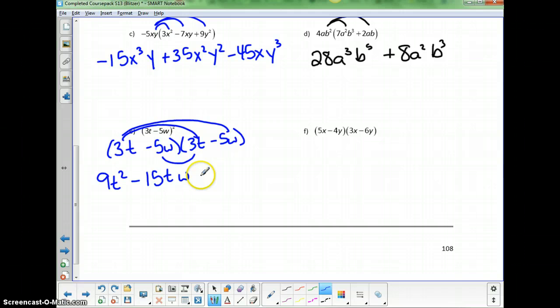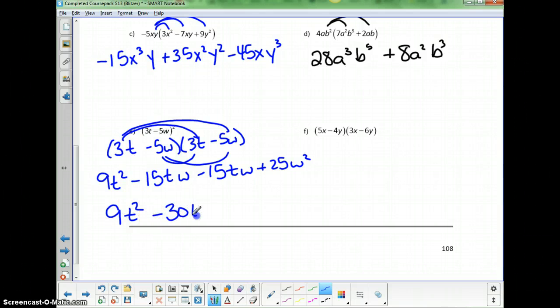Negative 5w times 3t is again negative 15tw. And a negative 5w and a negative 5w multiply to 25w squared. So when I combine like terms, I get 9t squared minus 30tw plus 25w squared.